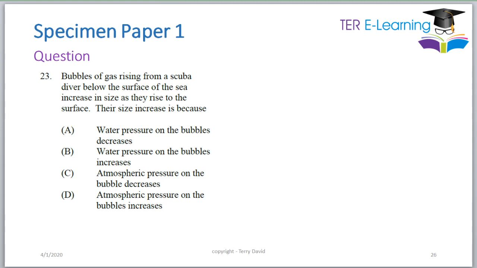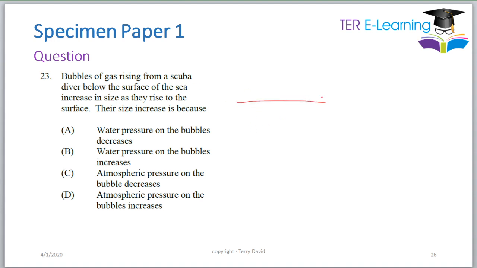This is number 23 now. Alright, so bubbles of gas rising from a scuba diver below the surface of the sea increase in size as they rise to the surface. Their size increases because... so let's see what's happening here, right?